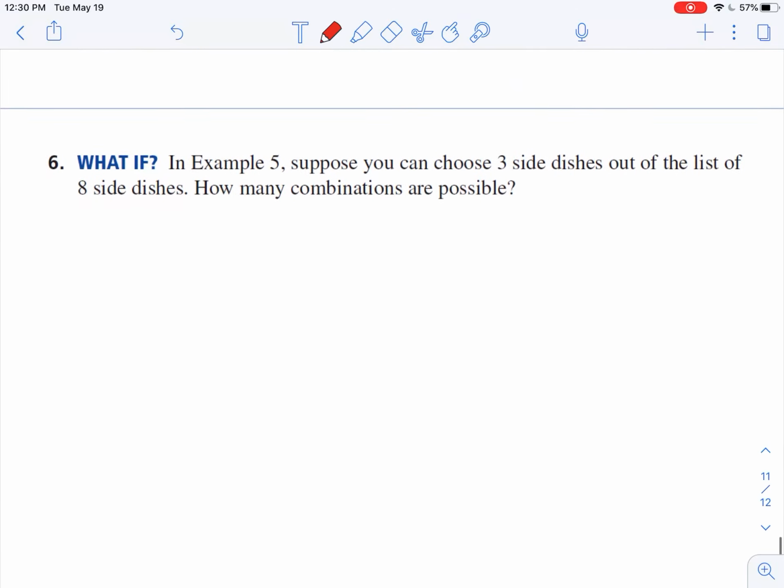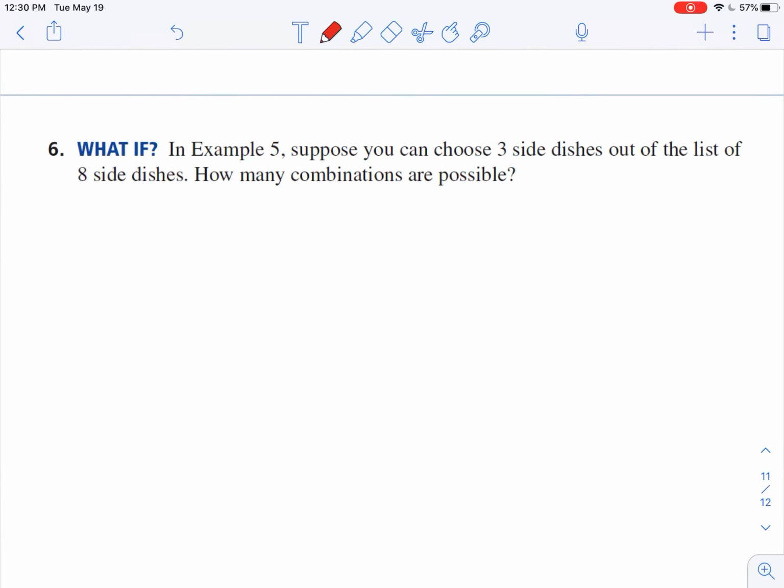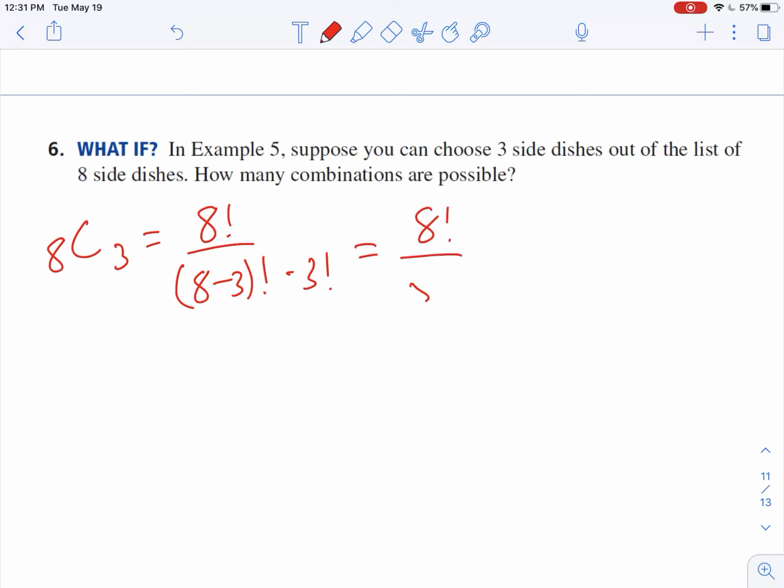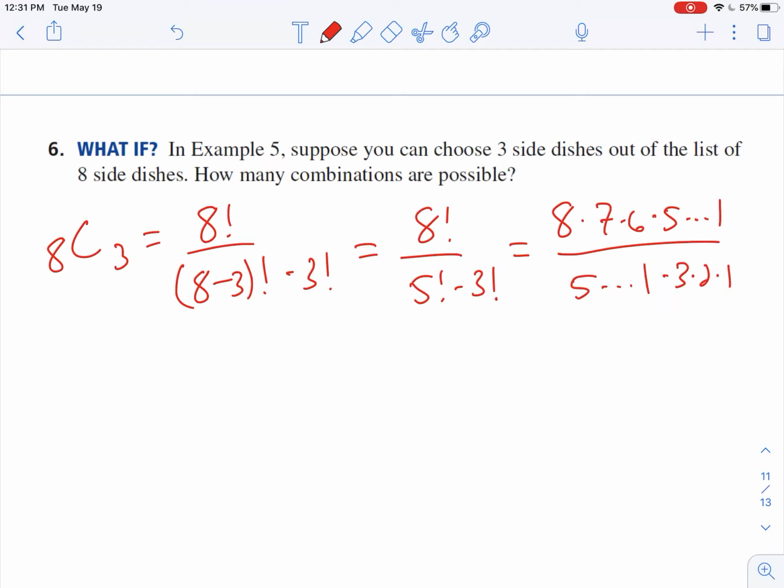One more time, maybe press pause if you want to try working this through, but let's see if we can do this problem here. We have the same scenario: 8 side dishes, and now you're choosing 3, so it's 8 choose 3. 8 factorial over 8 minus 3 factorial times 3 factorial, which is 8 factorial over 5 factorial times 3 factorial. 8 times 7 times 6 times 5 all the way down to 1, divided by 5 all the way down to 1 times 3 times 2 times 1.